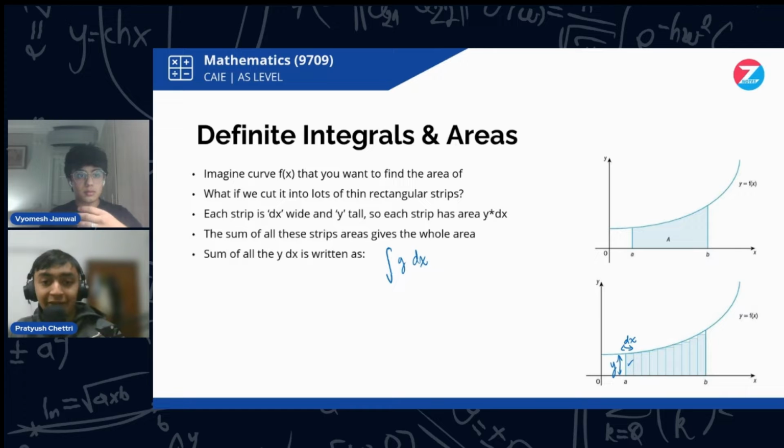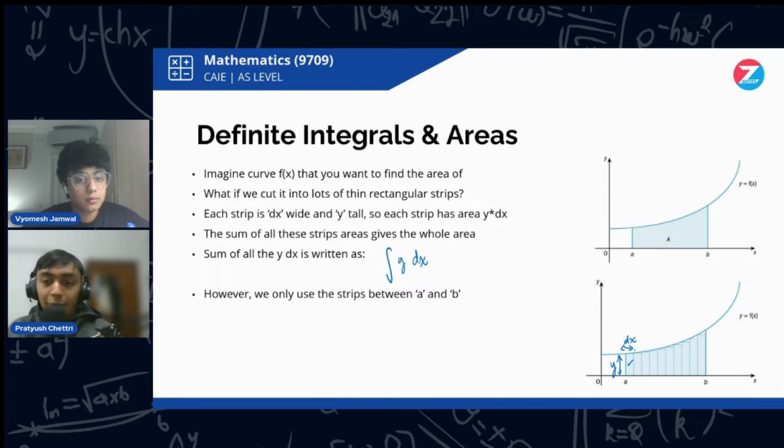It even looks like a little s. It's the sum of all of y times a little bit of x. So we're just adding up all the y times little bit of x's. That's where that integral comes from. I don't think that's fully accurate, but it helps give a picture.